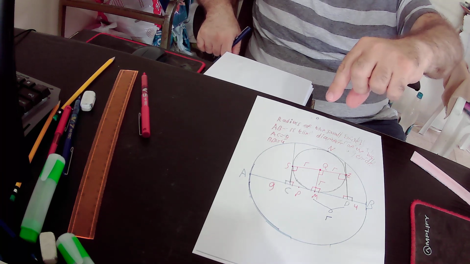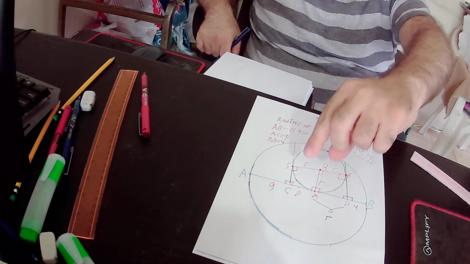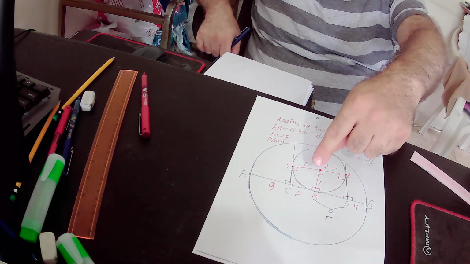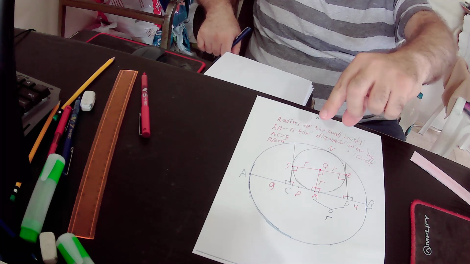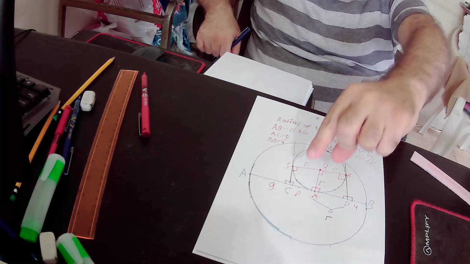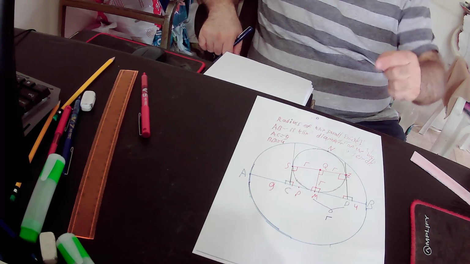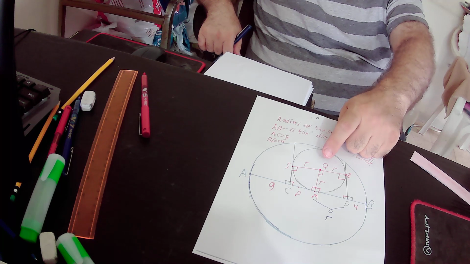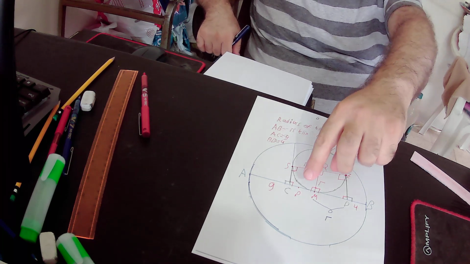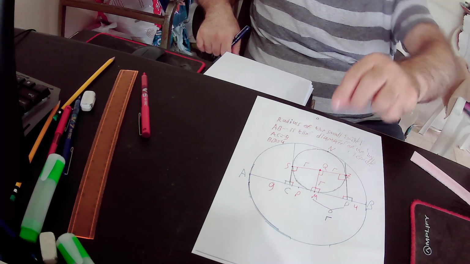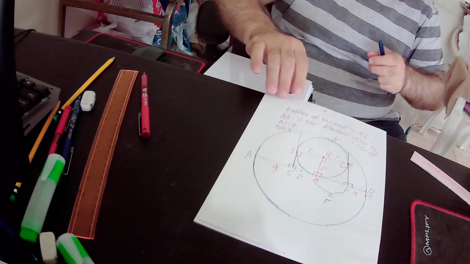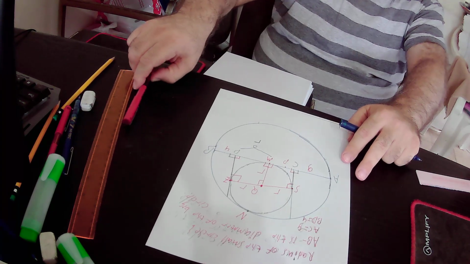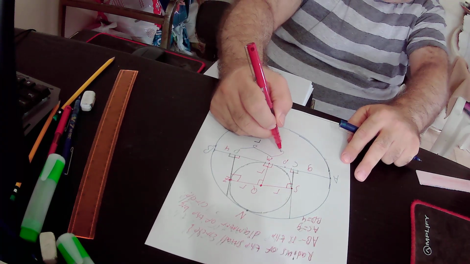That is to say, SQ equals CM. But we know that SQ equals small r, so therefore CM also equals small r.